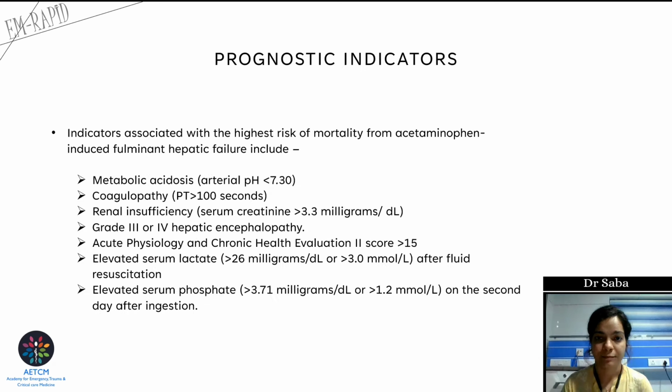So let's know about the prognostic indicators that will tell us which patients who have taken paracetamol overdose will end up dead. There are certain indicators which are associated with the highest risk of mortality from acetaminophen toxicity, or those who will end up with fulminant hepatic failure, and those indicators include metabolic acidosis when pH has dropped to less than 7.3.